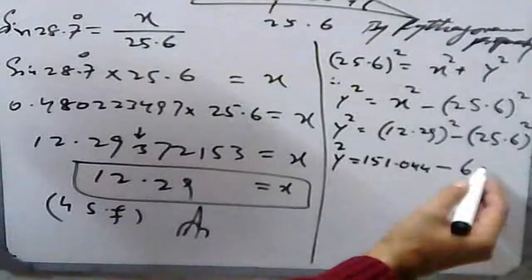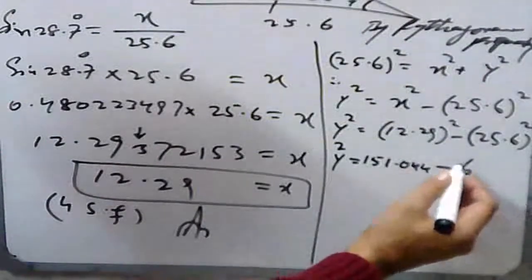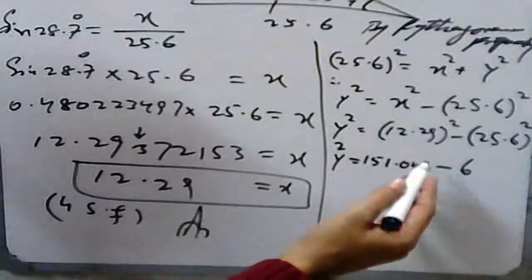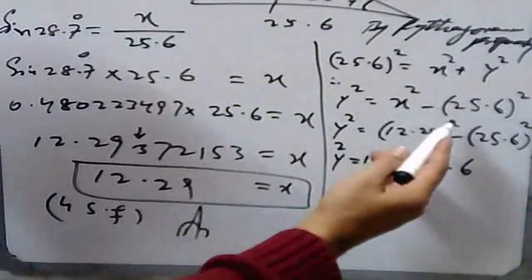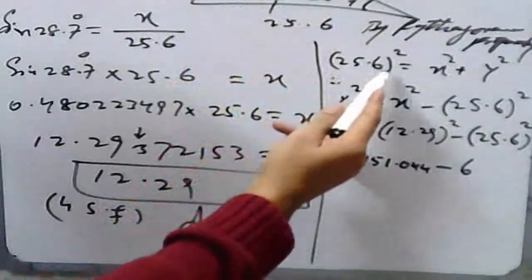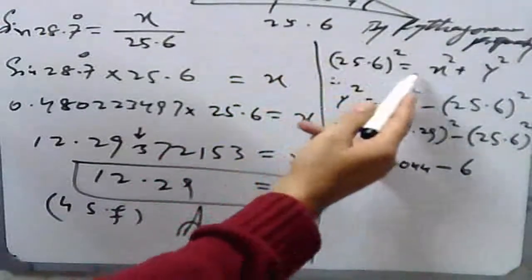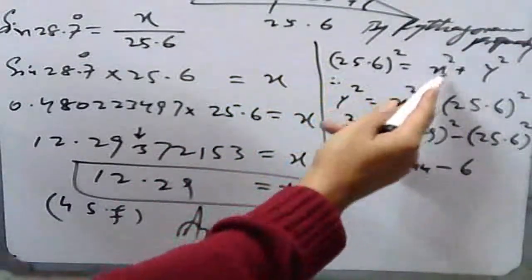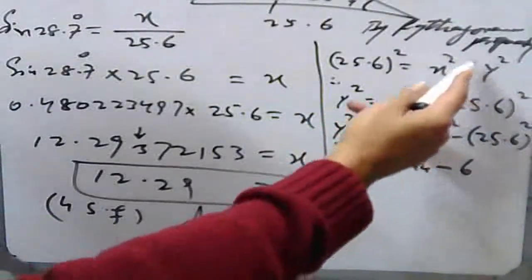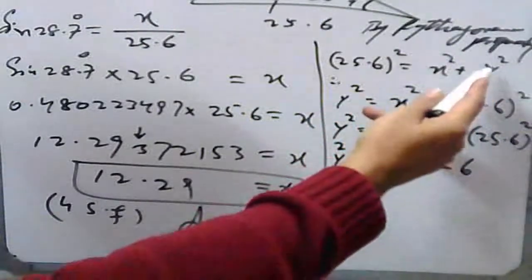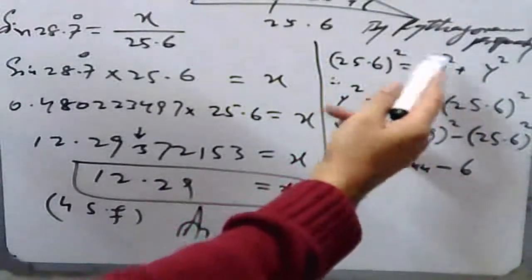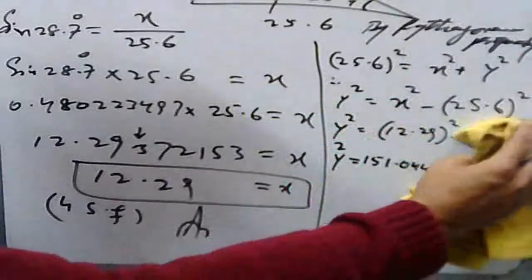Once again I would like to check here, hypotenuse square is equal to perpendicular square plus adjacent y square.